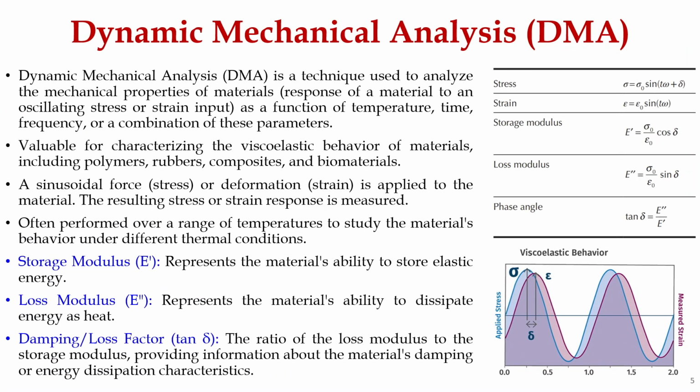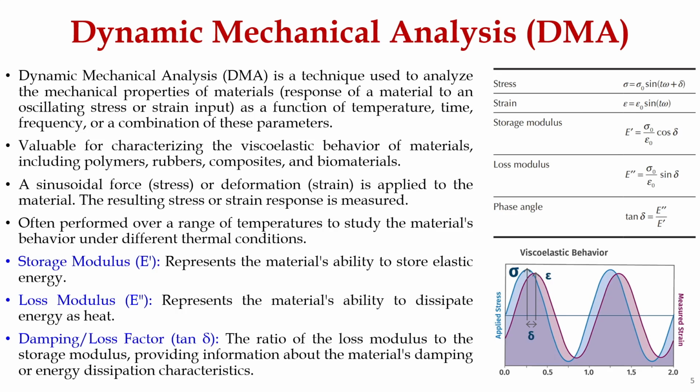In this work, I perform dynamic mechanical analysis on my 3D printed specimens. DMA is a technique used to analyze mechanical properties of materials, especially the response of a material to an oscillating stress or oscillating strain, as a function of time, temperature, and frequency.